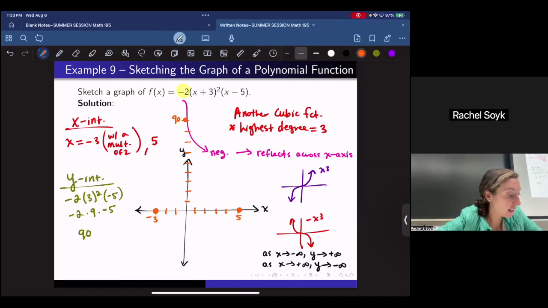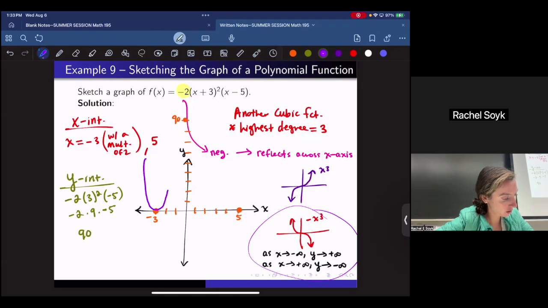And at -3, it's going to bounce off the x-axis because we have that multiplicity of 2 there. Again, our end behavior is going to look like what I have circled down in purple. So we're going to end up with something like this. We have a bounce here. That's our first hump, and then this is our second hump.